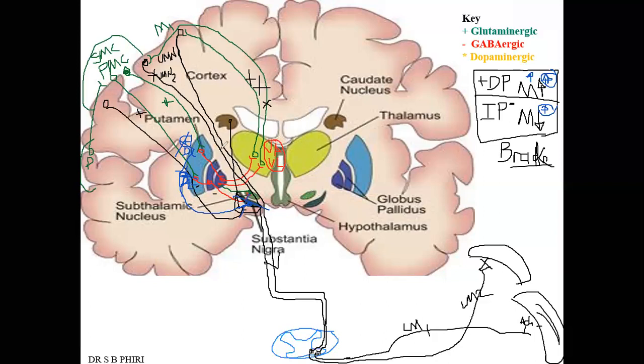At the same time, the direct pathway is not being overstimulated. So the movement is there, but it's not being facilitated by the dopaminergic neuron. So you find that the movement will be slow. So it's difficult to initiate movement, and it's also difficult to terminate movements in cases of Parkinsonism.